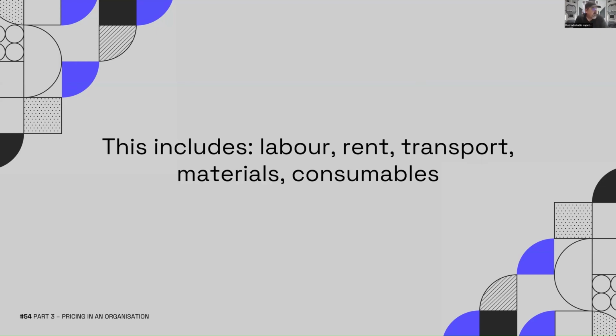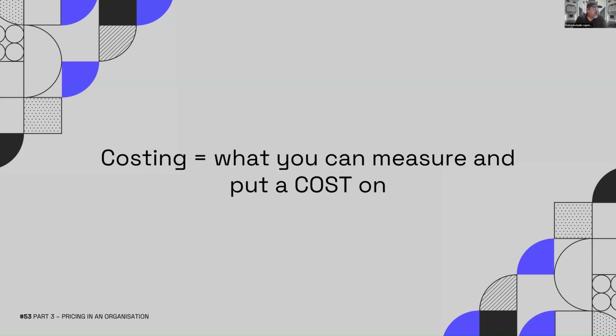Sorry, just flip one back again. So yeah, costing, like we said before, is very much the things that you can measure. It's the reason we refer to it as the science side of things: it's mainly measurable stuff, or things you can calculate, whether it's direct or indirect cost.